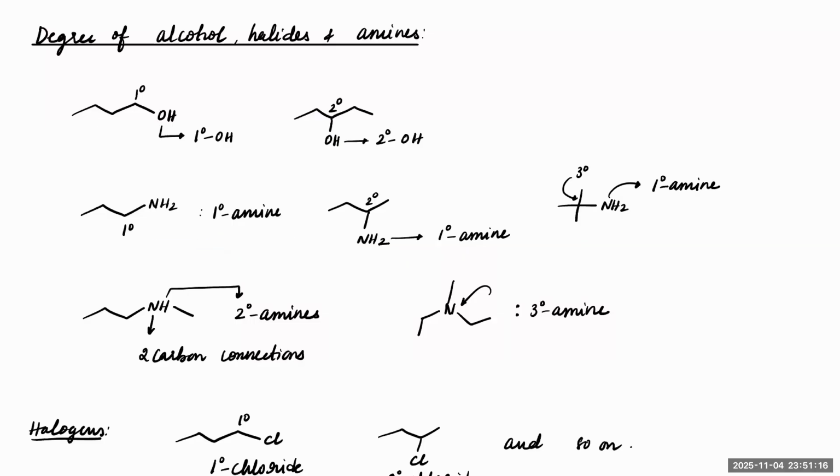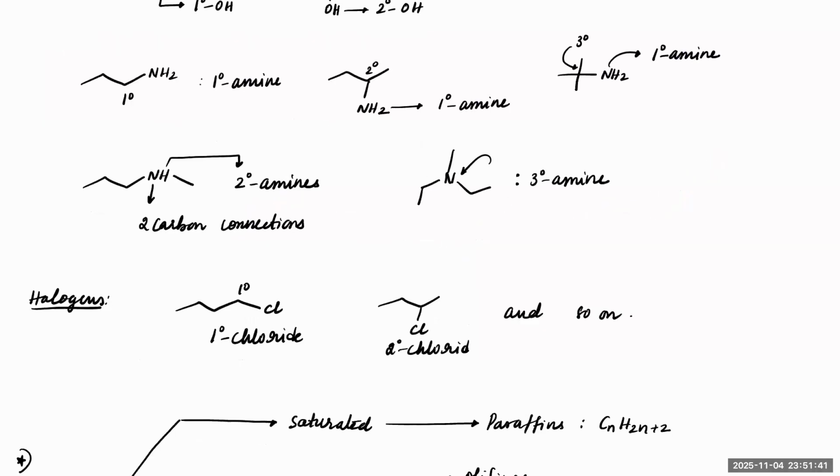Sorry, this carbon is 2 degree, clear, but the nitrogen is still connected to only one carbon, correct? So you have to check with respect to nitrogen. Nitrogen is connected to one carbon here, here also one carbon, and here also one carbon. Hence, this is 1 degree, this is 1 degree, and this is also 1 degree.